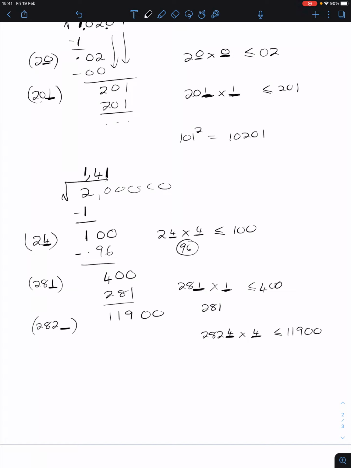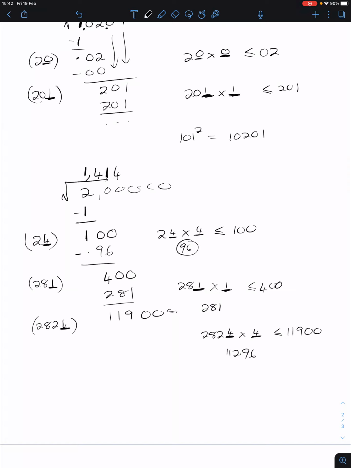So if we use 4, we will get 11296. If you use 5, it will be more than this number. So the next digit will be a 4.